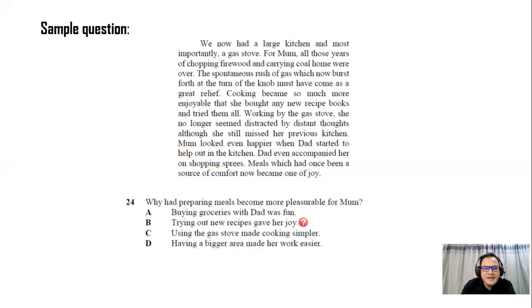Option B is plausible for some students. From this sentence, "Cooking became so much more enjoyable that she bought many new recipe books and tried them all." However, the conjunction "that" here shows that buying the new recipe books is actually the effect of cooking becoming so enjoyable.